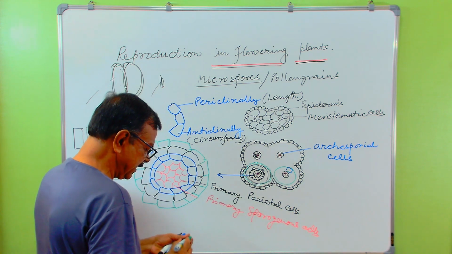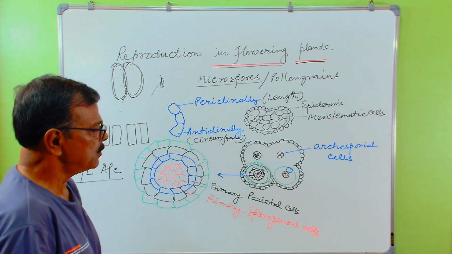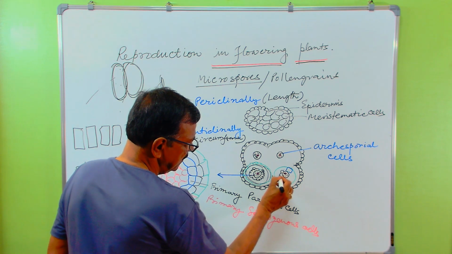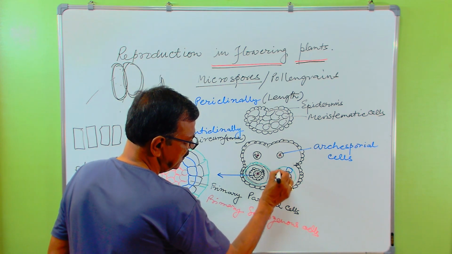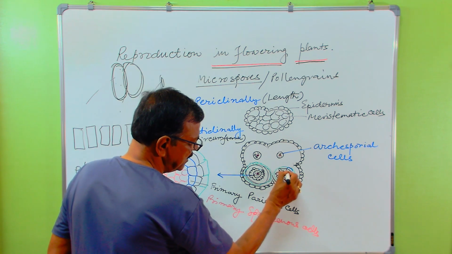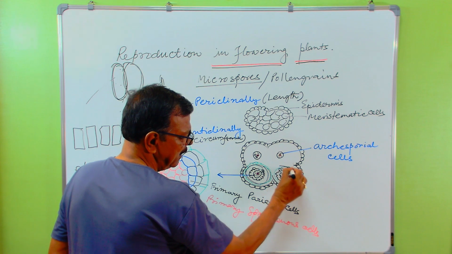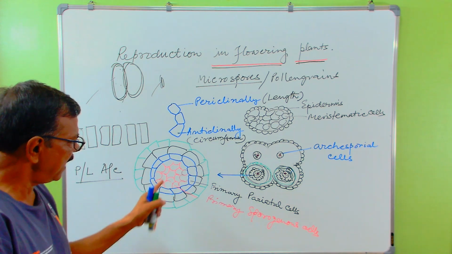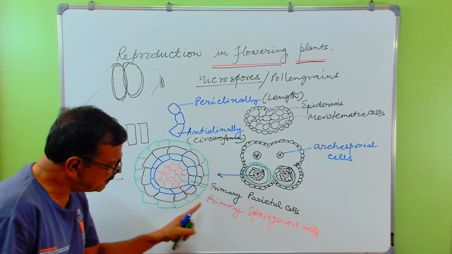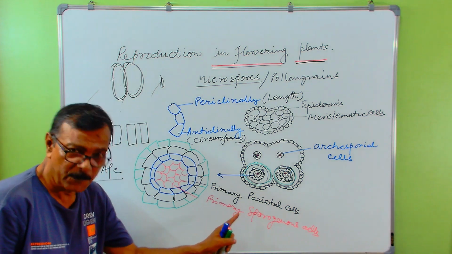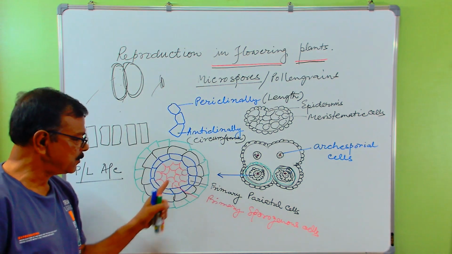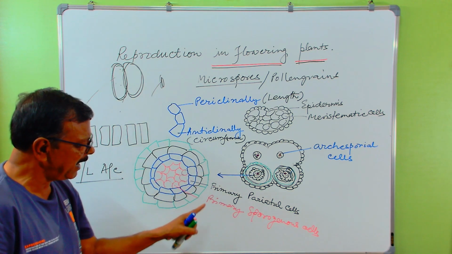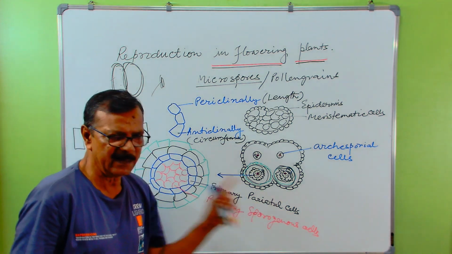The microspores are so precious that the plant makes so many layers outside. So multi-layer protection is given to the primary sporogenous cells from which microspores will be produced. This is being produced by primary parietal cells.